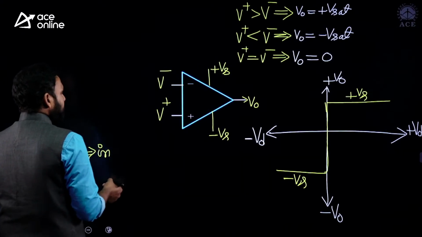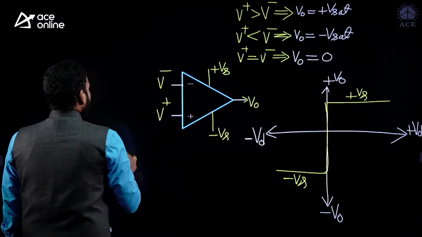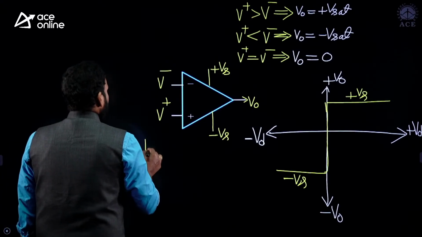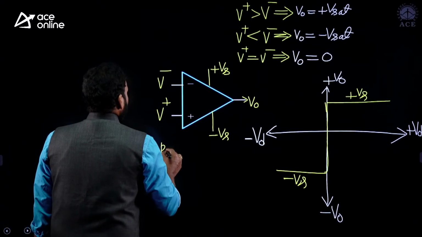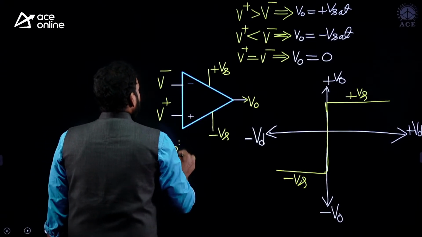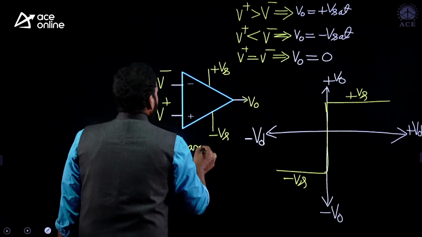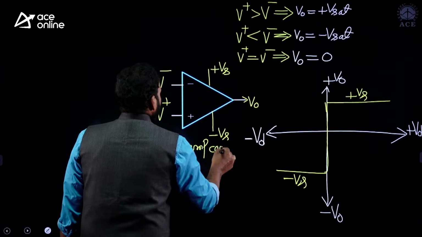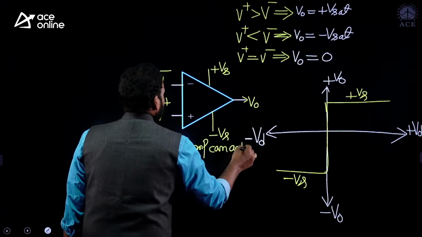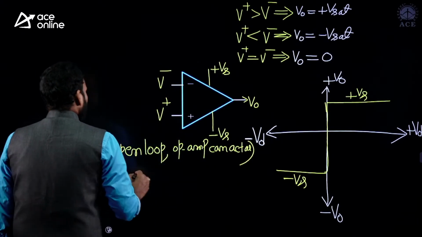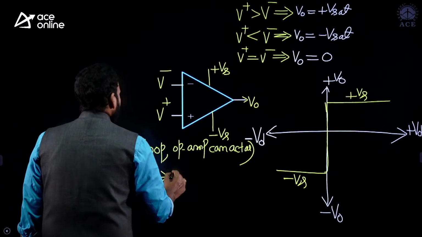And this is a point you need to note. In open loop, the op-amp can act as a comparator.